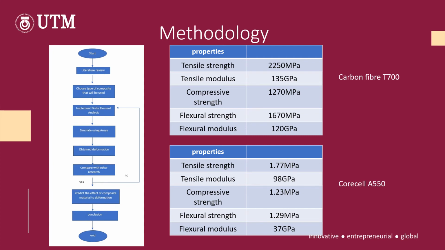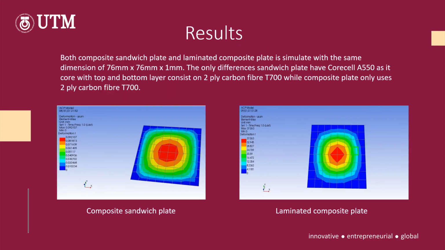The mechanical property is used in Ansys to model our composite materials to obtain the results for the deformation of both types of composite plates. Both composite sandwich plate and laminated composite plate are simulated with the same dimension of 76 mm by 76 mm by 1 mm of thickness.